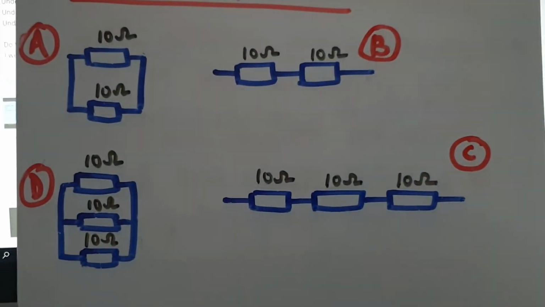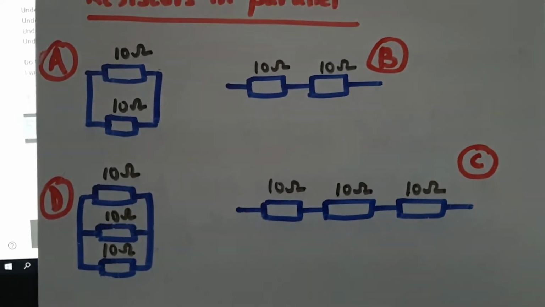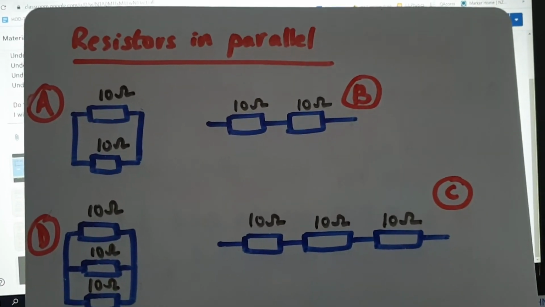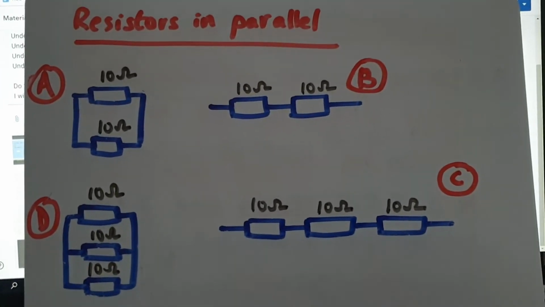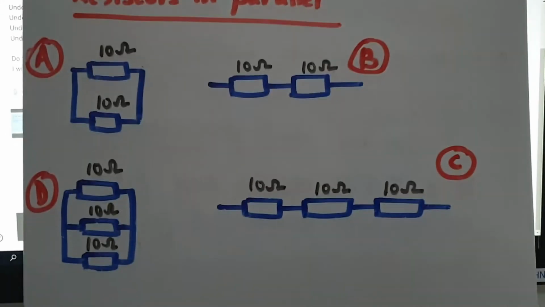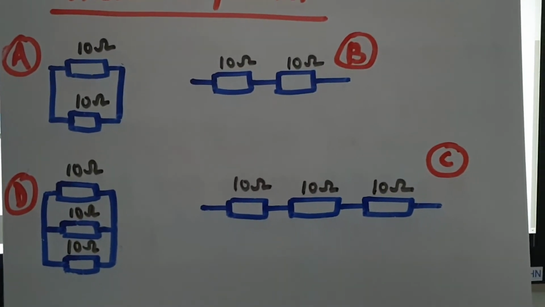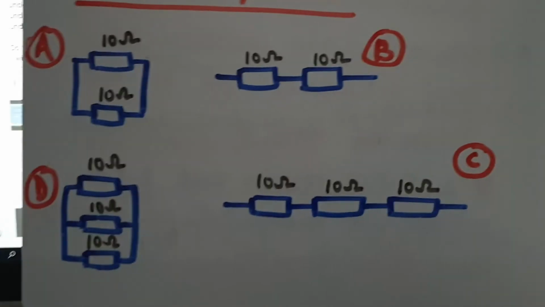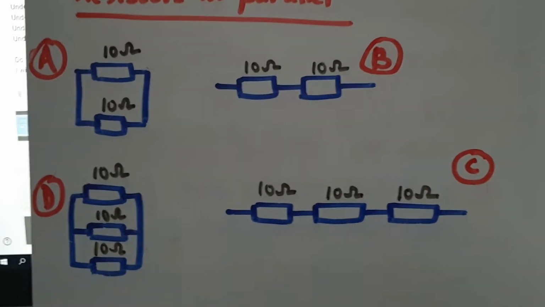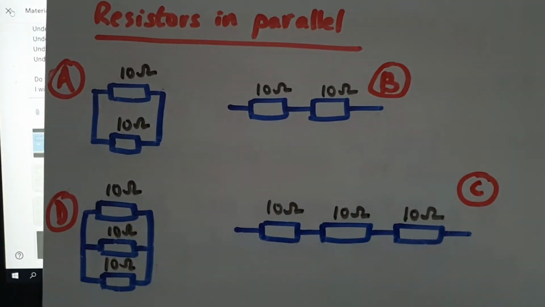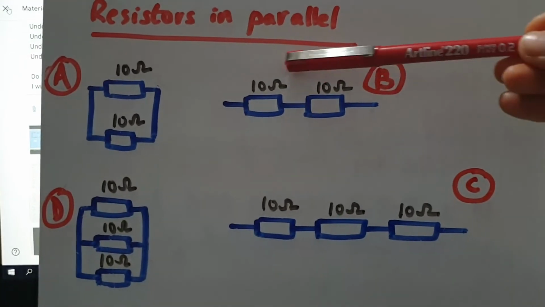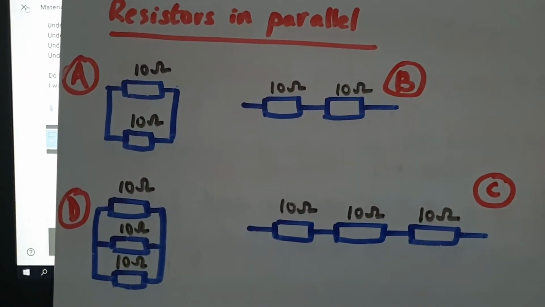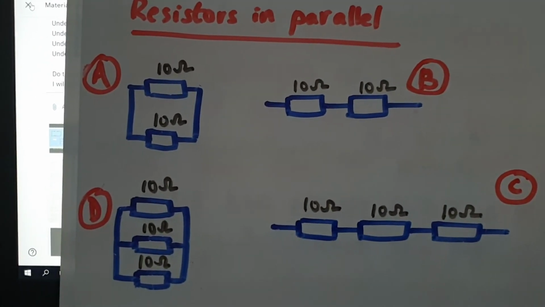So one of the things that you have in this question sheet is how to calculate total resistance. The total resistance depends on how resistors are connected, and for year 11 you only need to know the total resistance when resistors are in series or parallel.